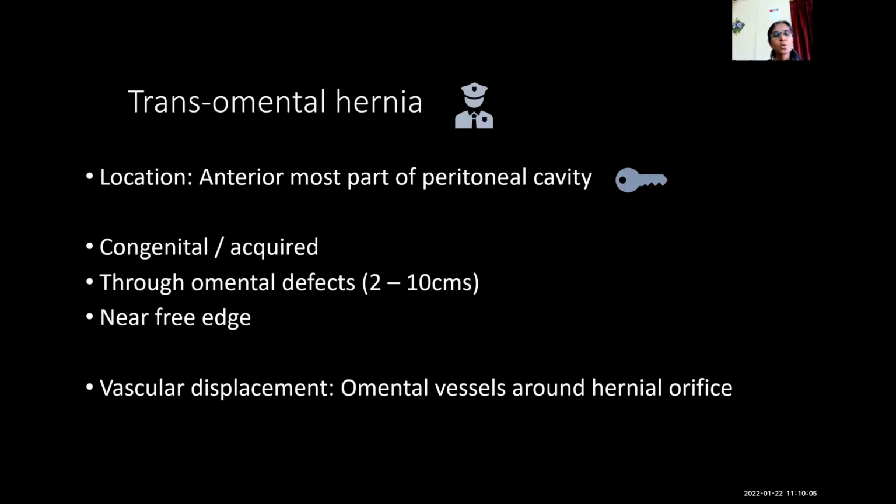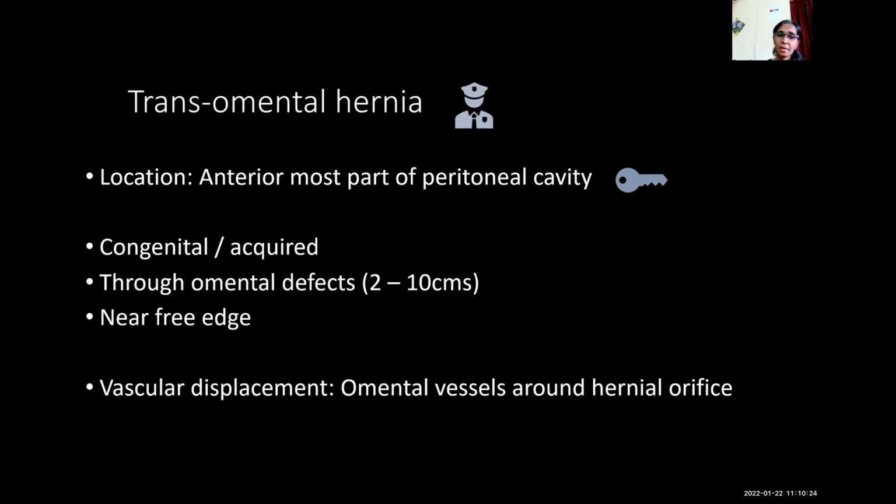Now the omentum is the policeman of the abdomen. It's the anterior structure. But if you see a cluster of bowel loops lying as the anterior most structure, then let us consider a transomental hernia. Again, transomental hernias can be congenital or acquired.